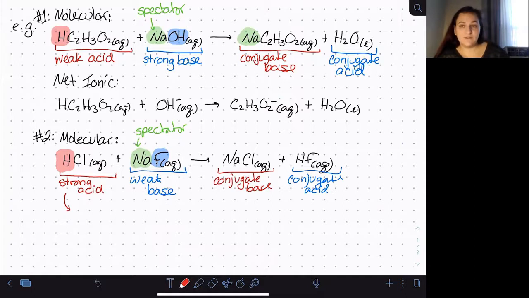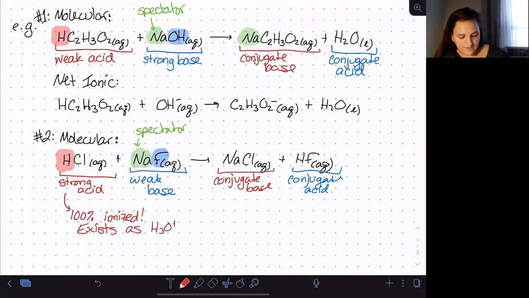That means that in a solution of HCl, there isn't really any HCl. All of it has been converted to hydronium. So all strong acids in solution are functionally H3O+.